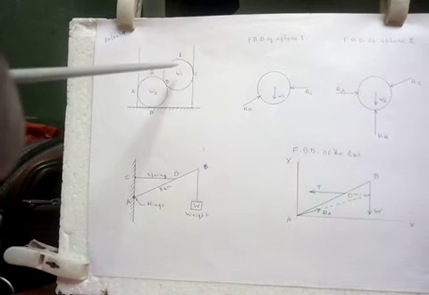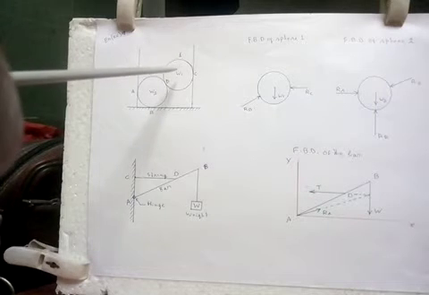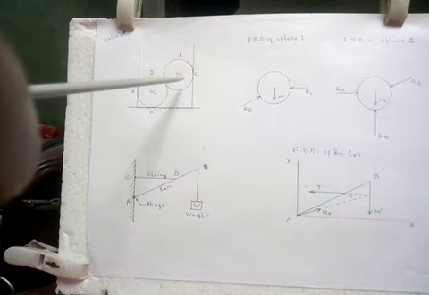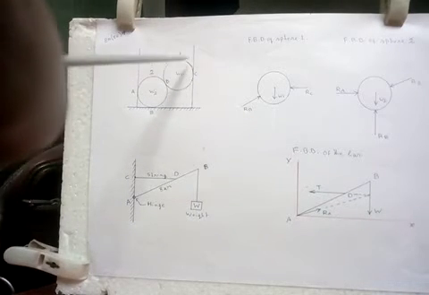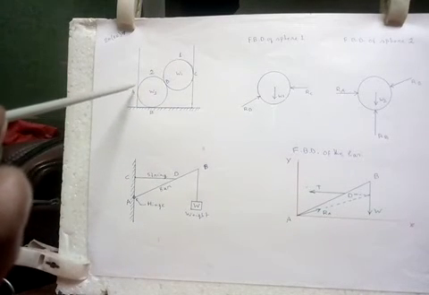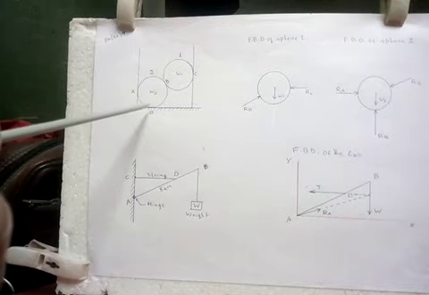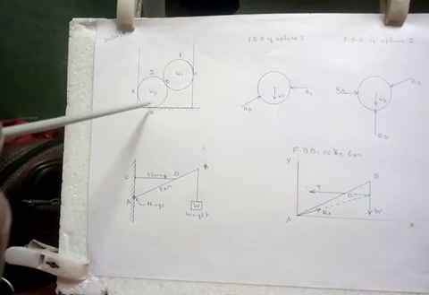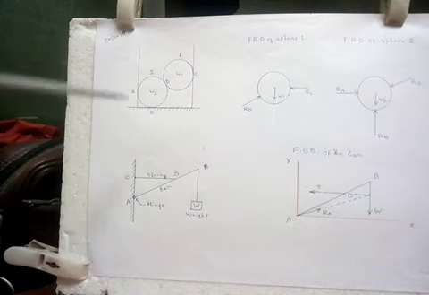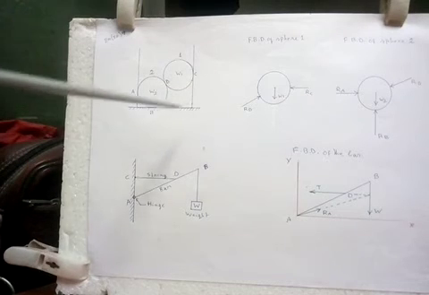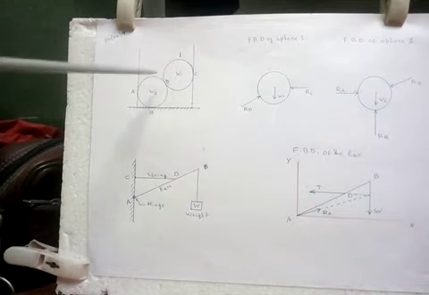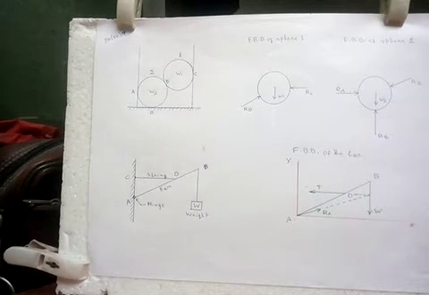Sphere 1 has the weight W1 and sphere 2 has the weight W2, and this ball touches this wall at point C and this wall at point A, and the bottom of the cylinder at point B, and the two balls touch each other at point D. So this is the mechanical system. We have to draw the free body diagram of these two balls, two spheres, number 1 and number 2.